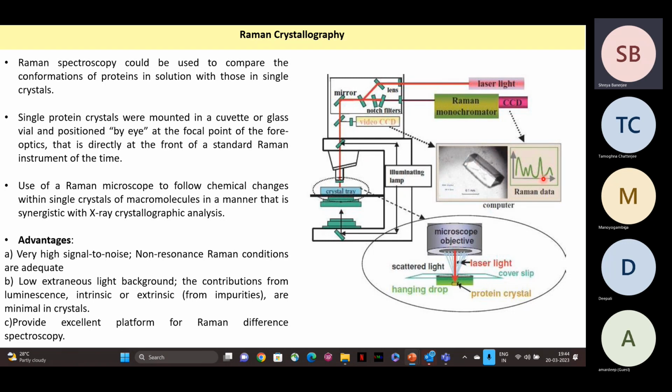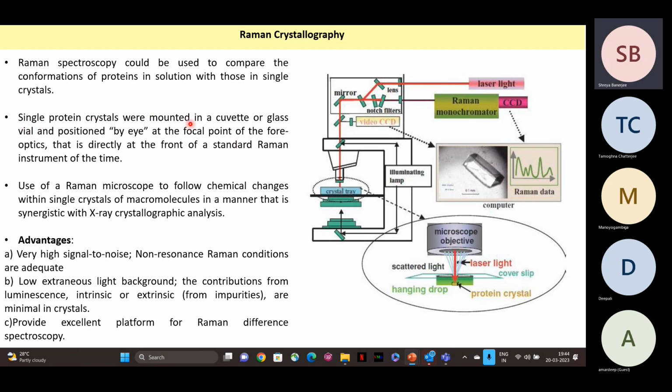From the change in Raman spectroscopic data, we can find out what conformational changes are happening in the enzyme due to interaction with the inhibitor. So Raman crystallography can be used to study the mechanisms happening inside a single crystal.